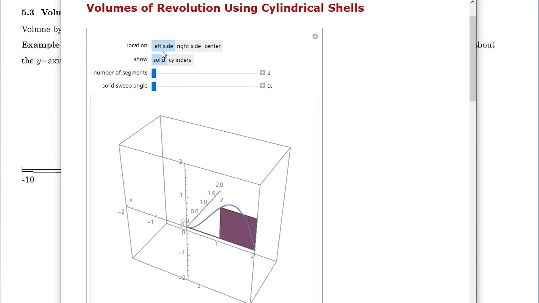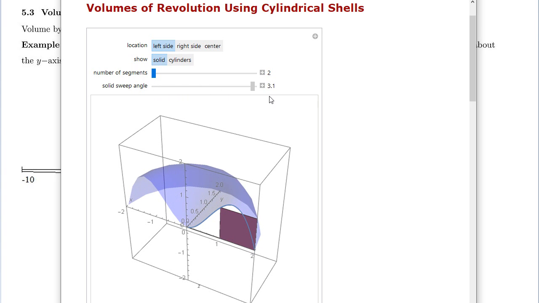So here's an example showing volume using cylindrical shells. Here's our curve, and we're going to rotate around the y-axis here. If we rotate that around, then that solid's going to look like that. And we want to see what the approximating cylinders, cylindrical shells, will look like. So here's an approximation with one cylinder.